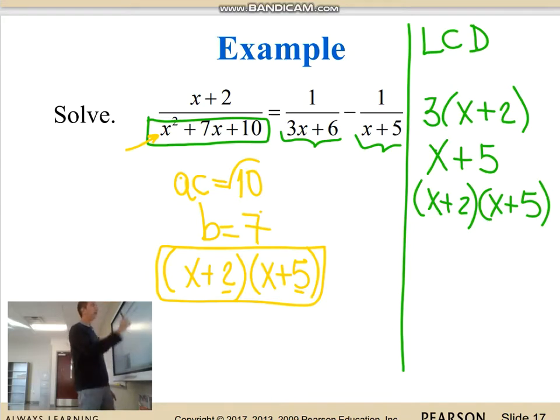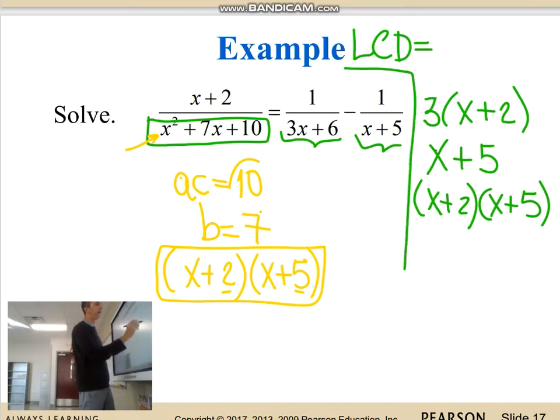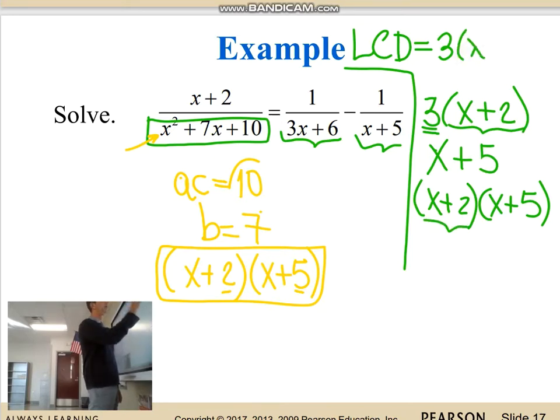The least common denominator is going to be, let me write here, the common factors and the unique factors. We have a 3 as one unique factor. We have x plus 2 here, and there is another x plus 2, which counts once, and we also will have another unique factor, x minus 5.